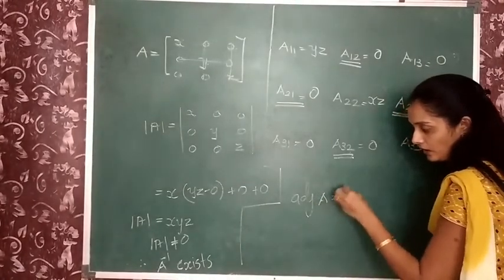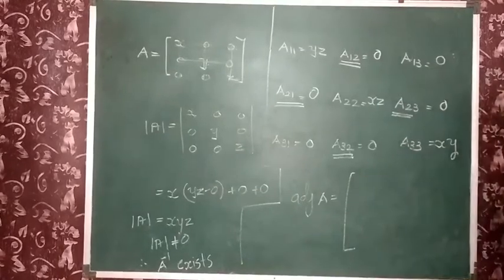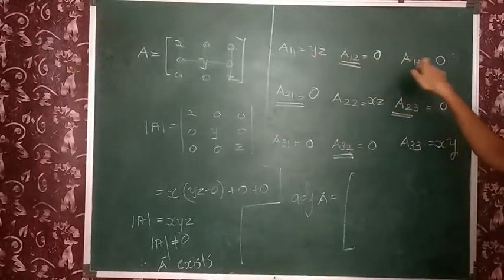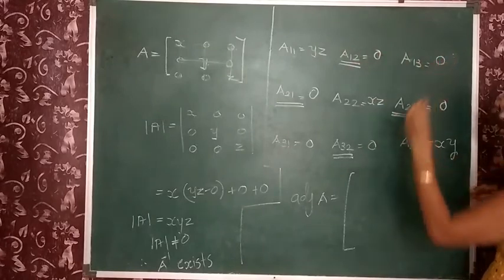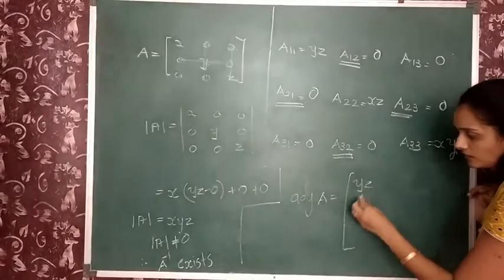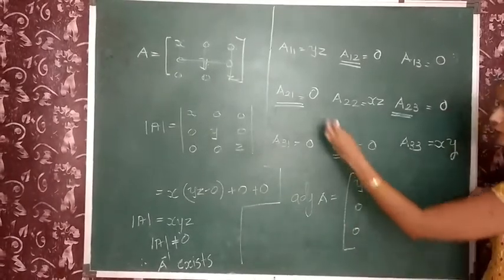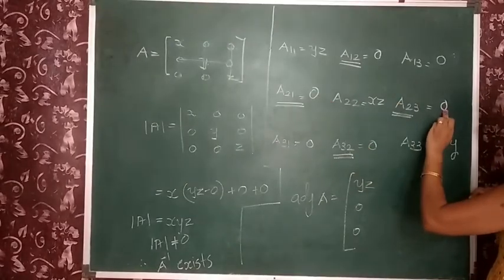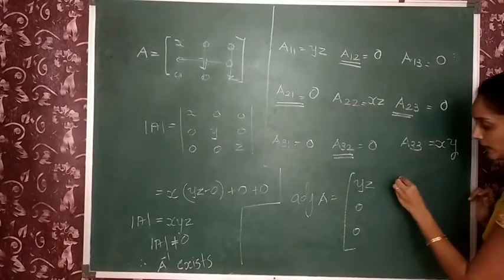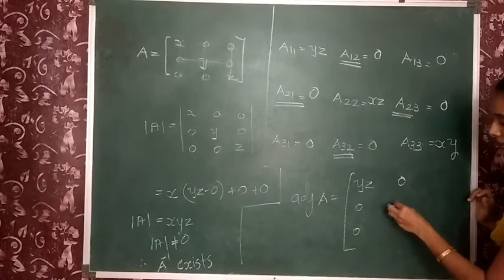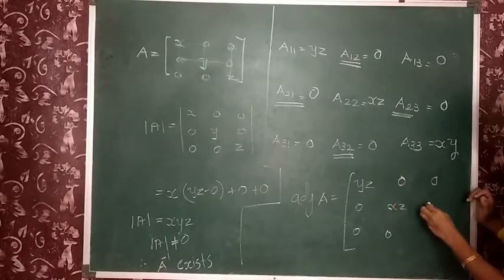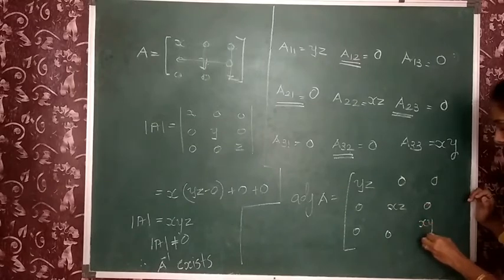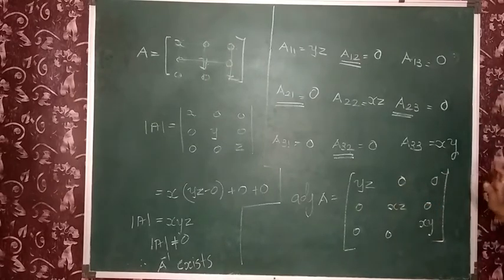Now to write the adjoint of A, the first row is converted into a column. So yz, 0 and 0 becomes the first column. The second row becomes the second column, so 0, xz, 0, and 0, 0, xy is the third column.